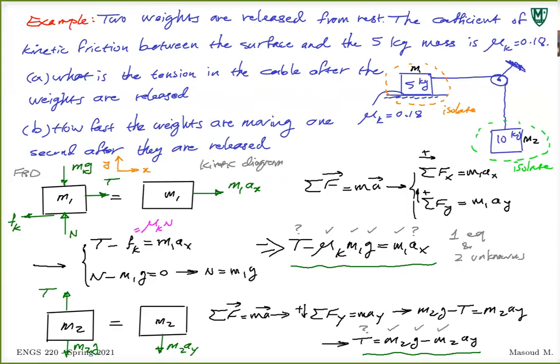So I'm going to end up having 2 equations, 3 unknowns, right? This is equation 1 right now, and this is equation 2. What I want is 2 equations, 2 unknowns, so I can solve it mathematically, right? Now, T is 1 unknown, but now I have AX and AY, right?